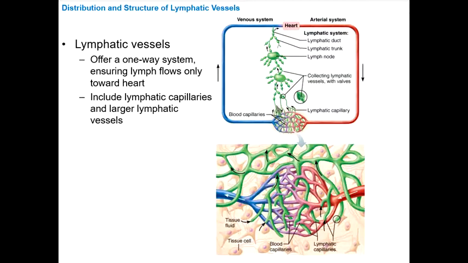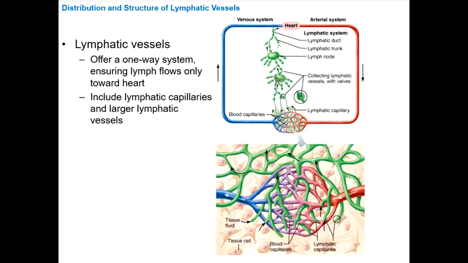And these capillaries will join other capillaries to form larger and larger lymphatic vessels. We call them eventually trunks and ducts when they get very large, and you can see that fluid gets put back into the blood where it started from.